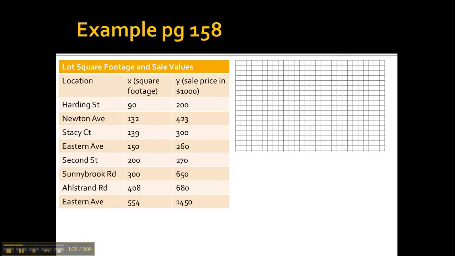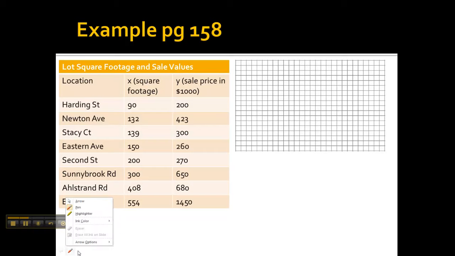So let's look at an example, and I need to get my pen tool here. Pen. And I need to change the color. All right, so the first thing I need to do, now we have all positive numbers, is draw an x and y axis. So my y-axis is the up and down axis.